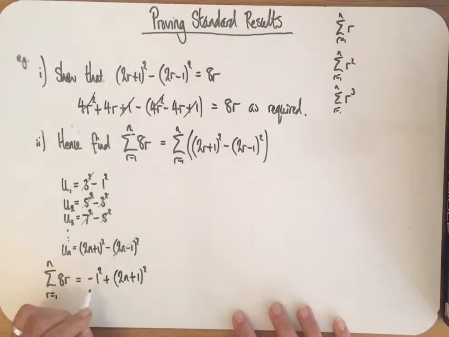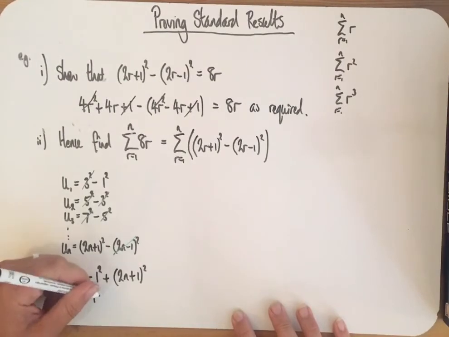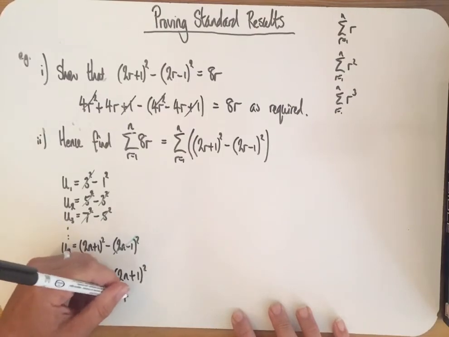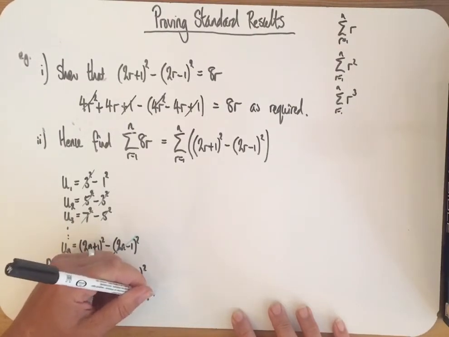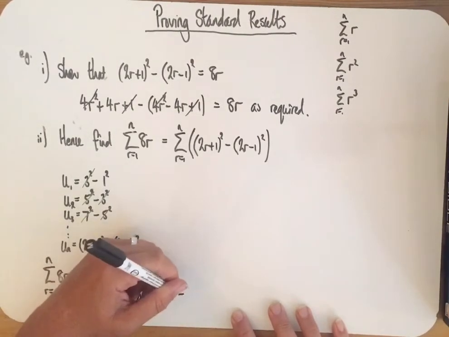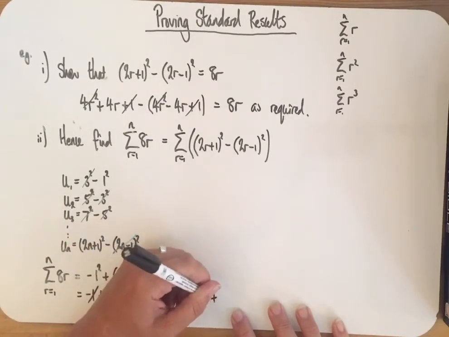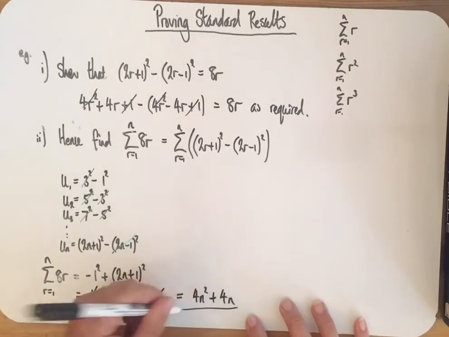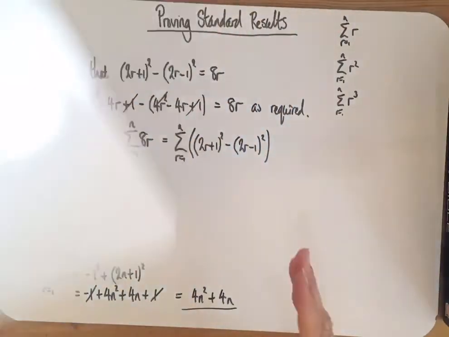This is minus 1 squared, so it's minus 1 plus 4n squared plus 4n plus 1. So they're cancelling off and you're left with 4n squared plus 4n. And then from there we can deduce that.